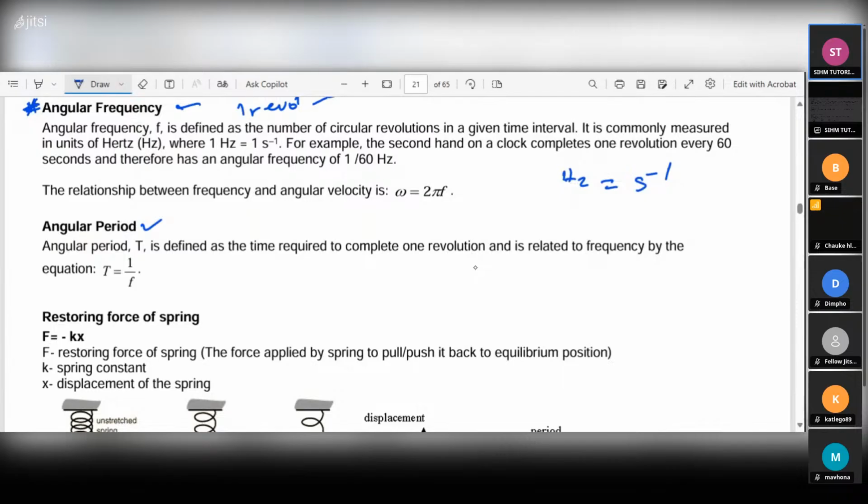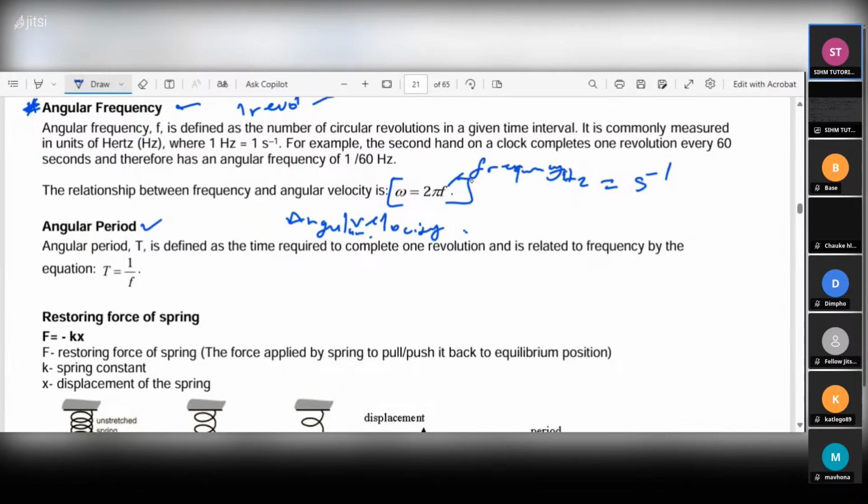Before we start, we've been given the angular velocity, which has a relationship with the frequency.